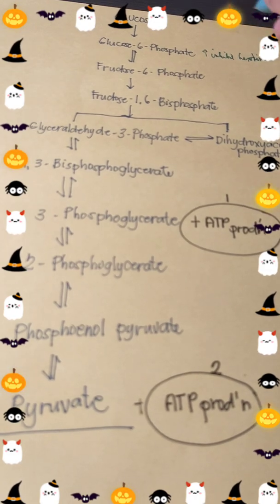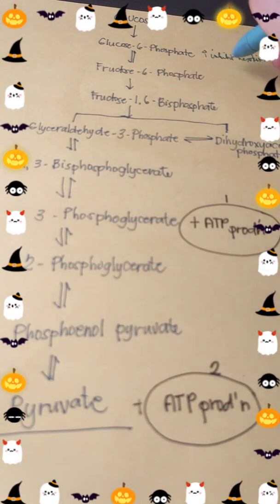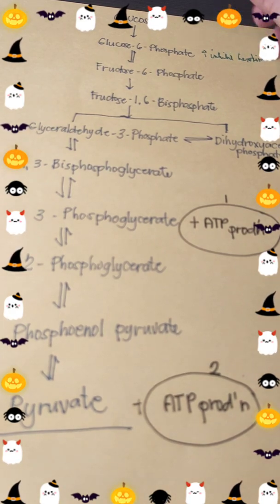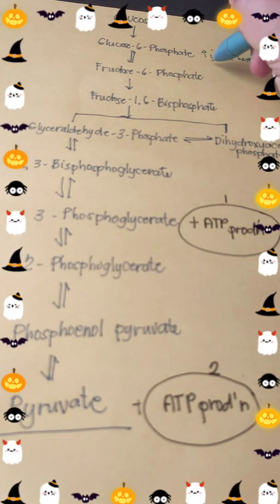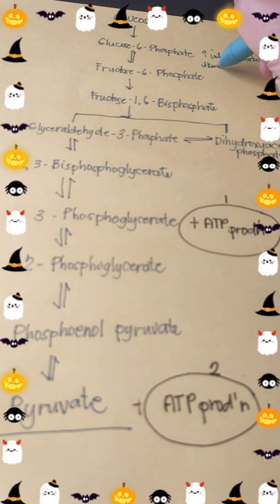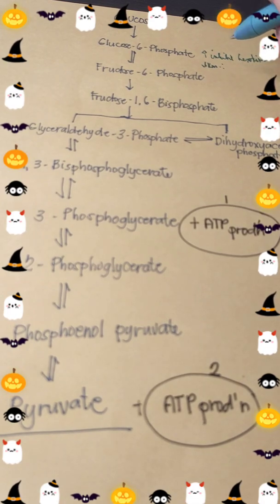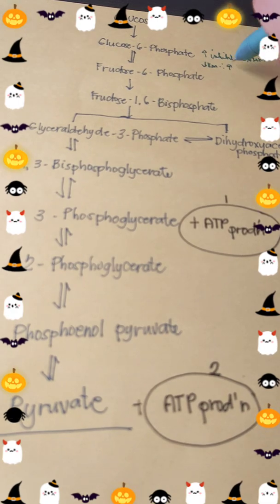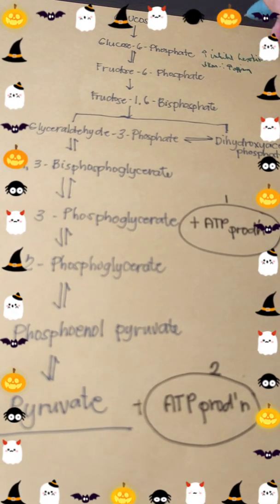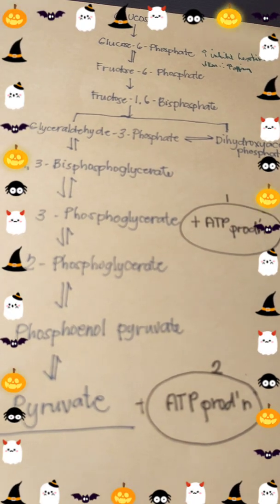So, hexokinase 1, 2, 3 have a low Michaelis constant, so a low Km. Therefore, since the Michaelis constant is low, it has an increased affinity for glucose, the substrate.